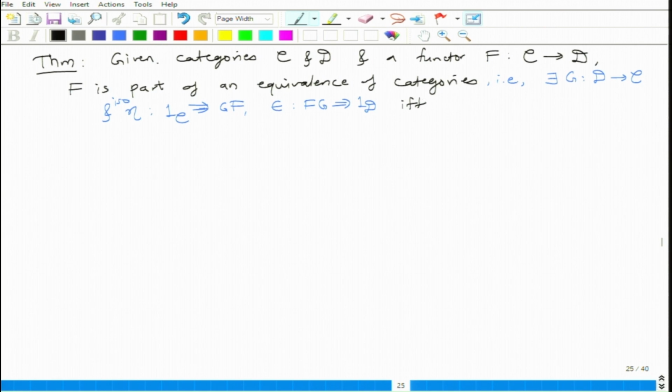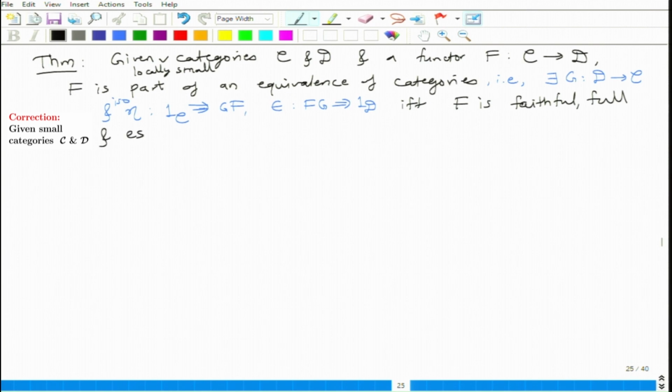This is very important. Given locally small categories C and D, if and only if F is faithful, full and essentially surjective on objects.